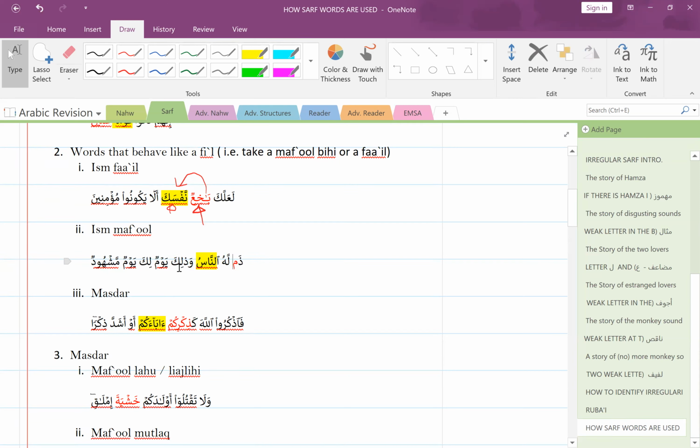I don't know what happened here. Oops. I think I just messed that up a little bit. This is what happens when you don't understand orientation. When you switch from English to Arabic, everything just comes messed up.